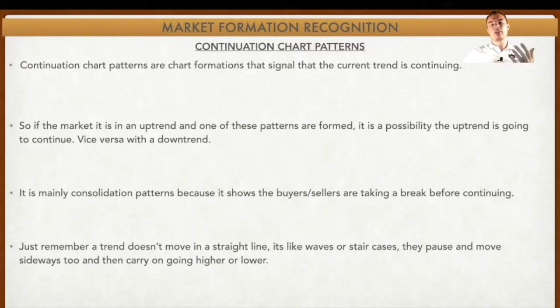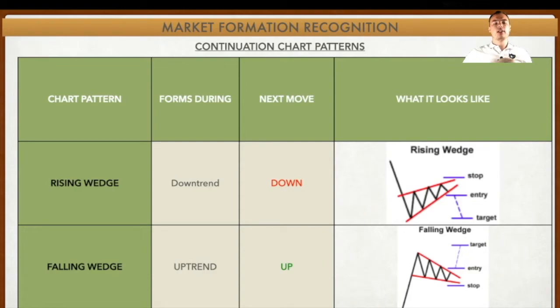All right. So what are the examples of continuation patterns? So the first one is a rising wedge. Now, as you can see, this is sort of a cheat sheet. You can pause the video, screenshot this, print it out, put it on your wall, whatever you do, just to familiarize yourself with the type of patterns.